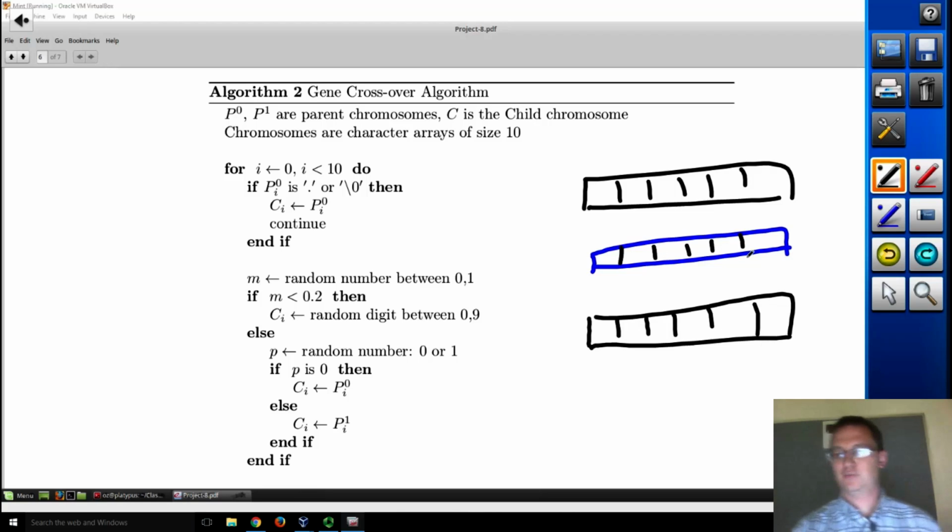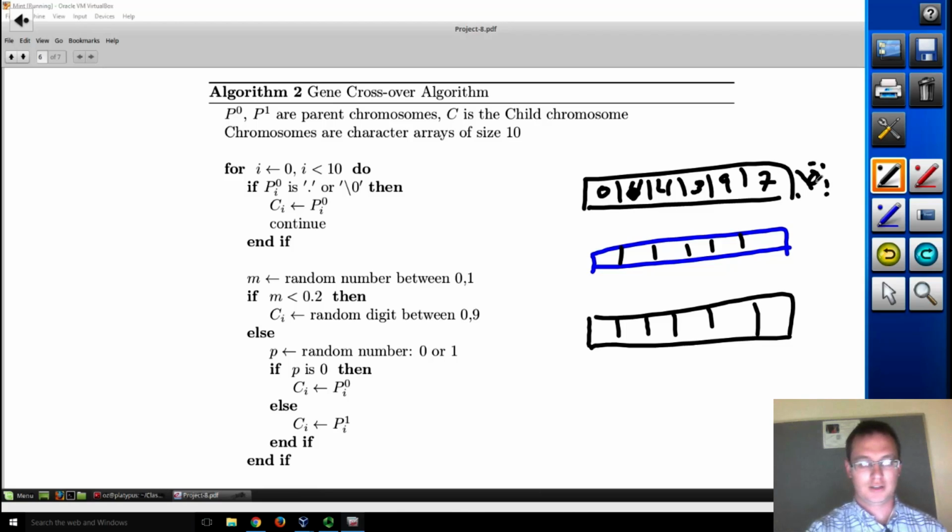We're going to loop over the chromosomes in each character. So we've got, I don't know, a 0, then a decimal point, and then a 4, a 3, a 9 and a 7, okay? And then the last one here is the new line character.